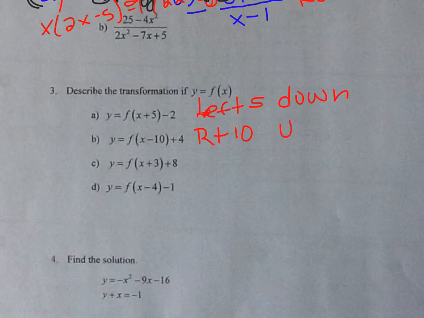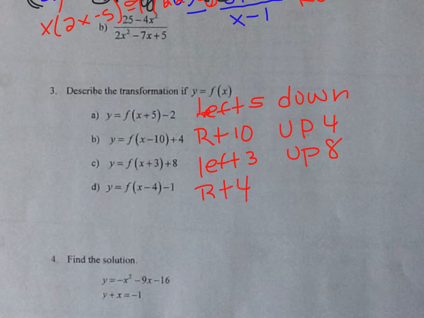And adding 4 to y, so that's up 4. C, I'm adding 3 to x, so that's to the left 3. And I'm adding 8 to y, so that's up 8. 3D, I'm minusing 4 from x, so that is to the right 4. And I'm minusing 1 from y, so that's down 1.